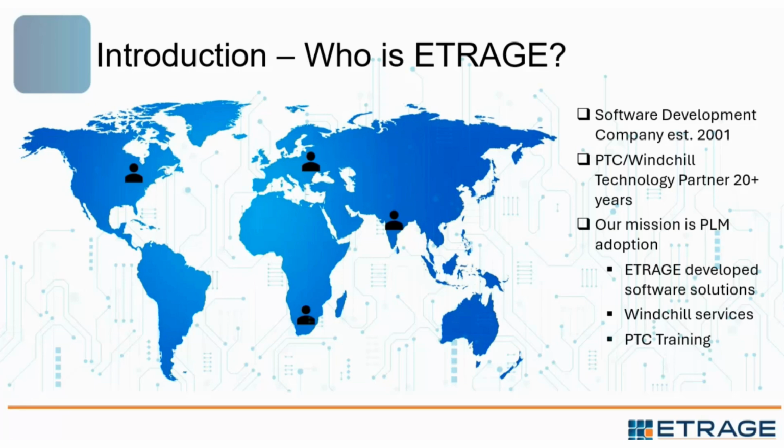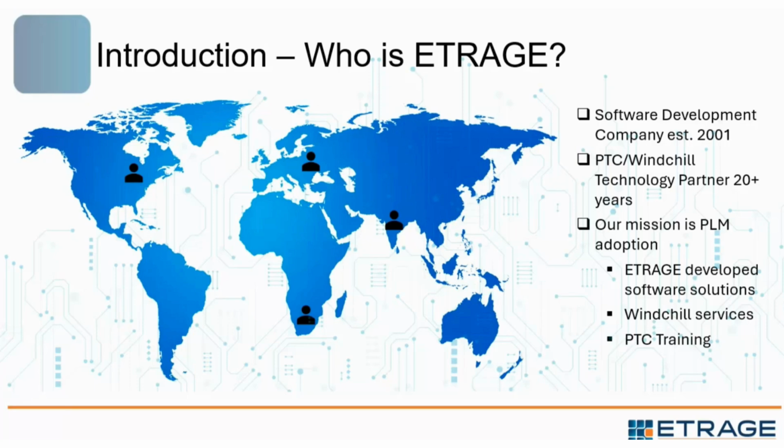At ETRAGE, we understand that adoption is not a one-time event. It typically is an ongoing strategic process, and the processes evolve as your business evolves. Our support of PLM adoption includes supporting the systems you use, the processes, and the people. And Ephraim, I'll hand things over to you.